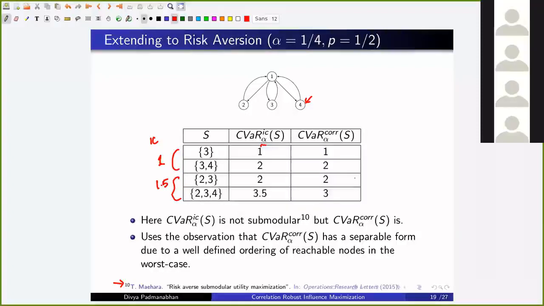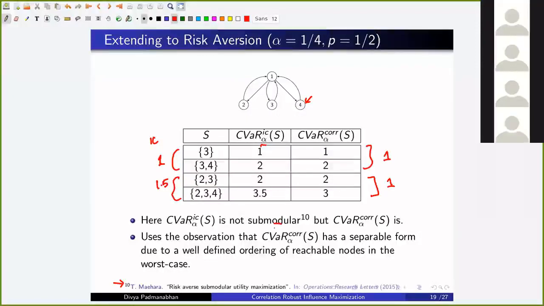Whereas the worst case CBAR, in this case, actually turns out not to break the submodularity inequality. What we show in the paper more generally is that the worst case CBAR retains submodularity, whereas the independent cascade CBAR does not satisfy submodularity.